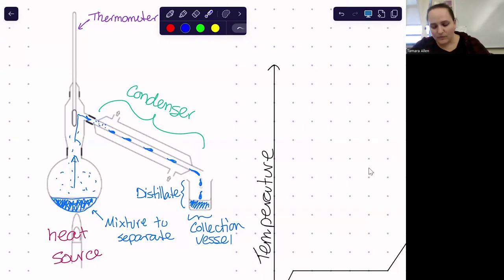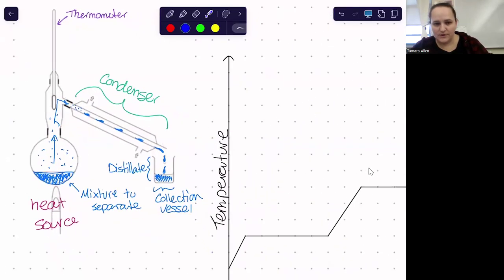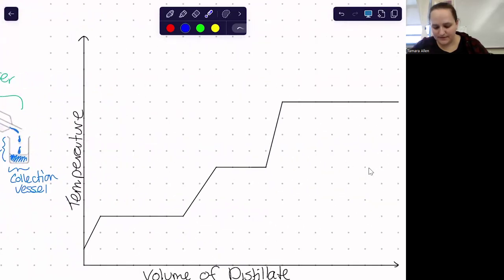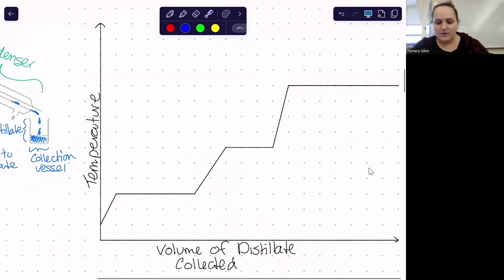So if we graph that data I talked about, we should get something that looks a little bit like this. On the y-axis, we have temperature. On the x-axis, we have the volume of distillate collected. So that's the volume of stuff that has gone through this distillation process.